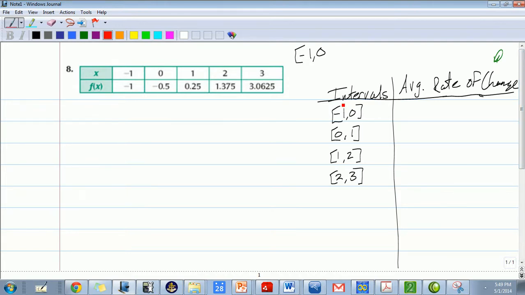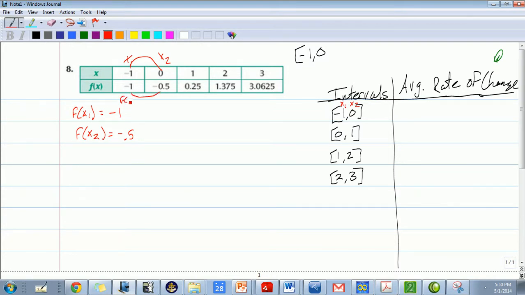Notice that if we make this our x1 and this our x2, I just went from here to here. Very similarly, the same way we have x1 and x2 here, we have that down here.